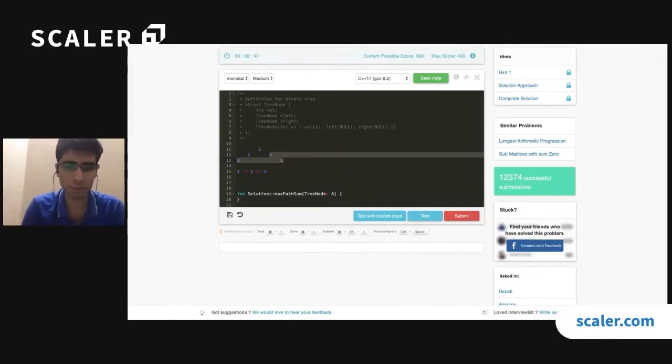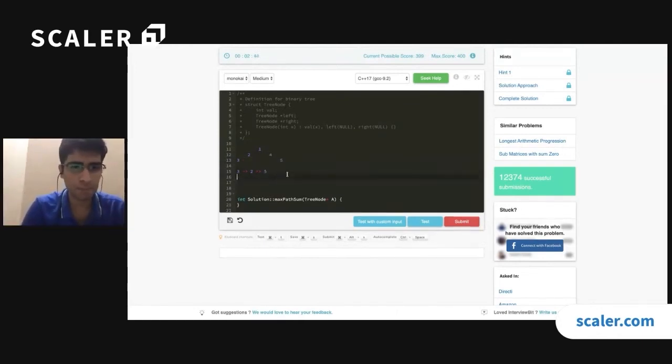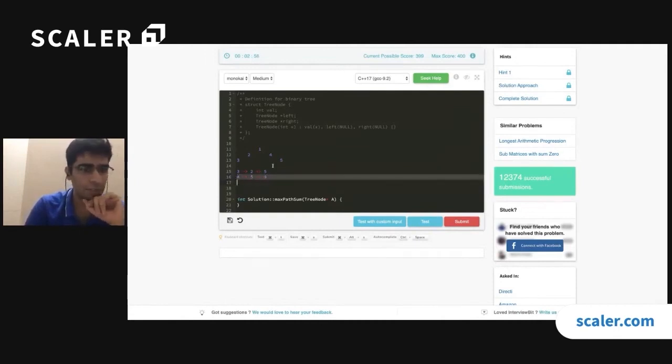This is also a very popular problem, by the way. That path is from 4 to 5 and has a weight of 9. Suppose the nodes on the right hand side were -4 and -5.